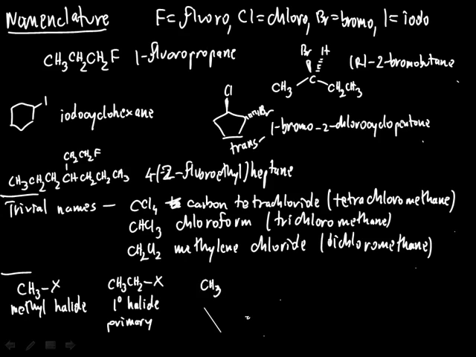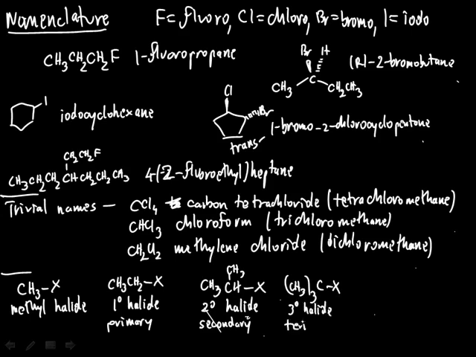Then we can have a secondary halide, and finally tertiary halides, such as this t-butyl halide, where halogen is bound to a tertiary carbon.